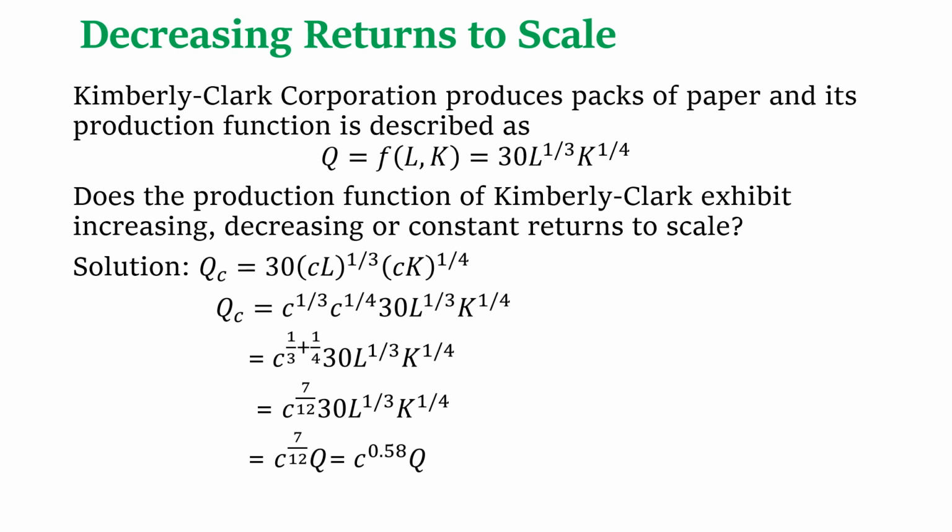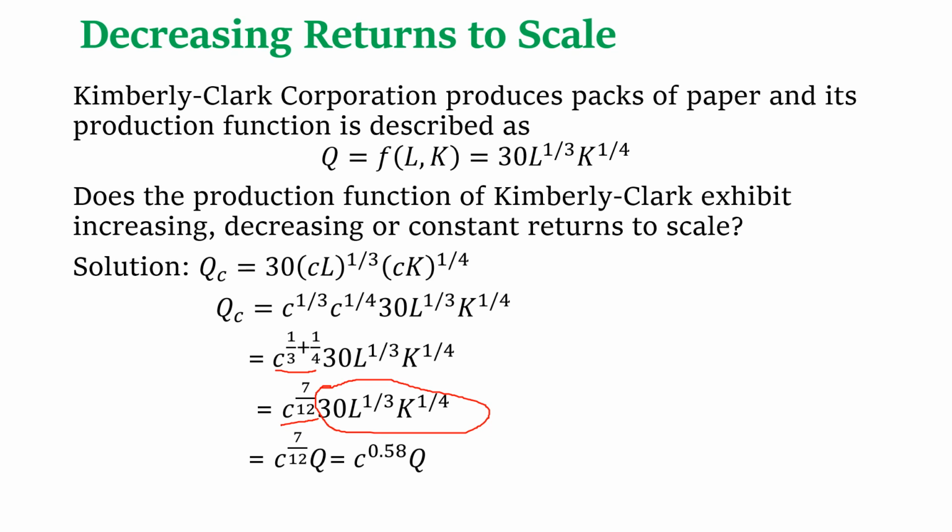If we add these two, we're going to have C to the 7/12, which is the same as C to the 0.58. Now remember, this 30 L to the 1/3, K to the 1/4 is the same as the production function, which is Q. So we have C to the 0.58 Q.